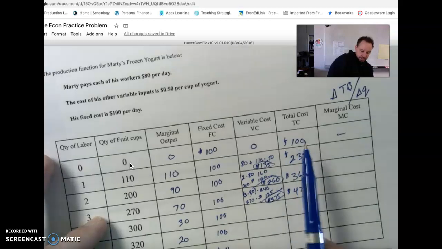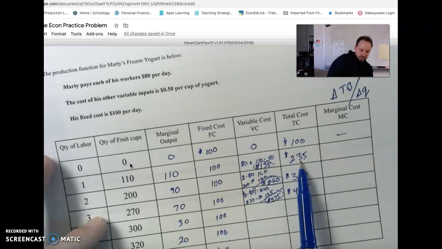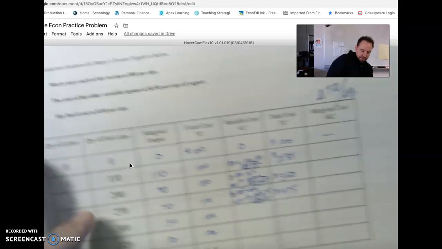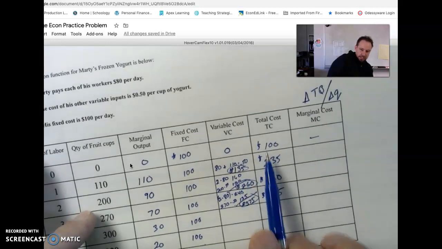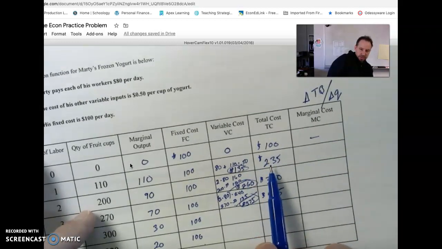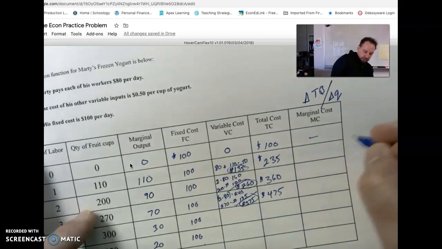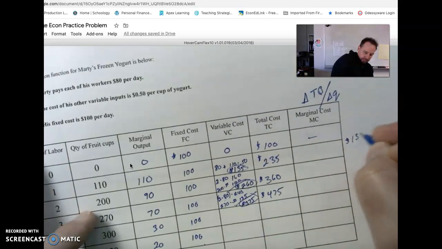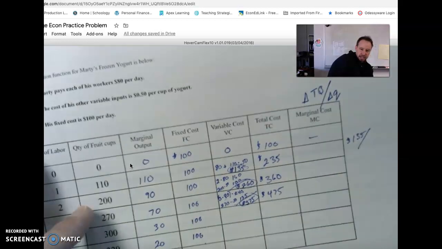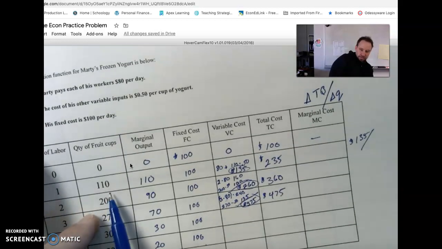So here, we're going from 100 to 235. That is our change in total cost. The difference between those two is 135, and we're going to divide that by our change in quantity, 0 to 110.